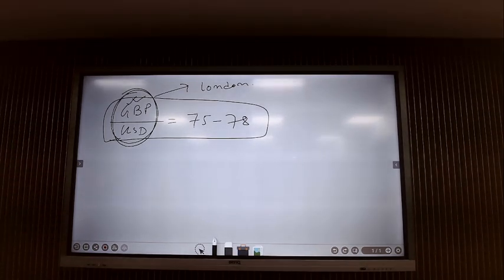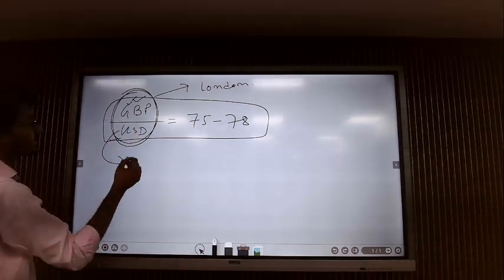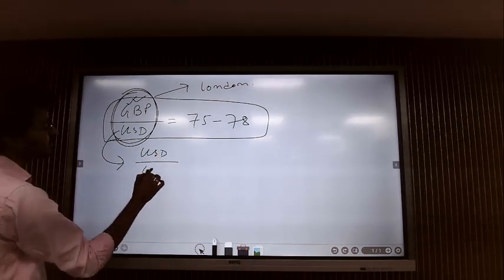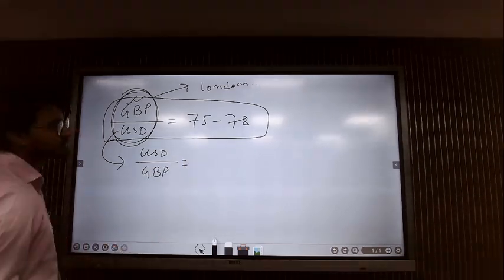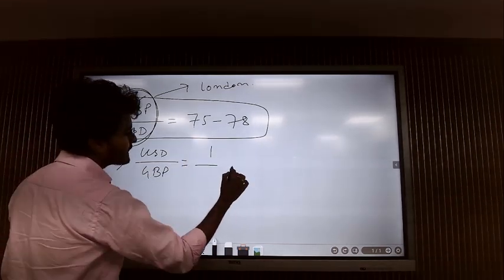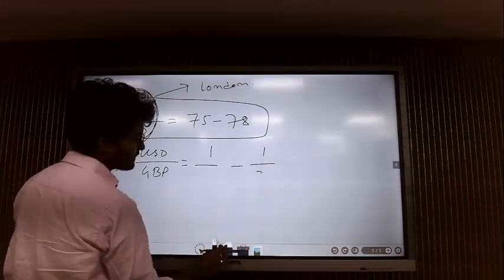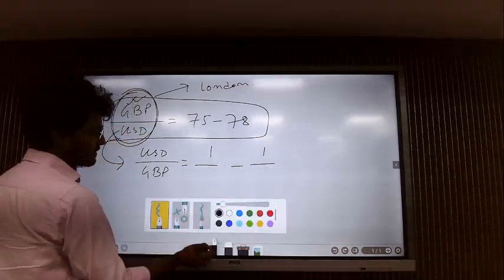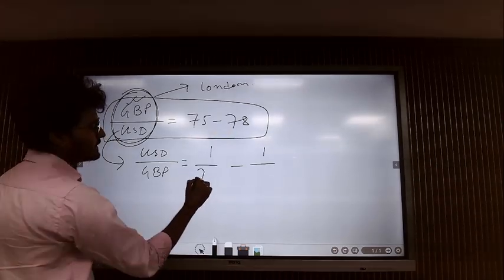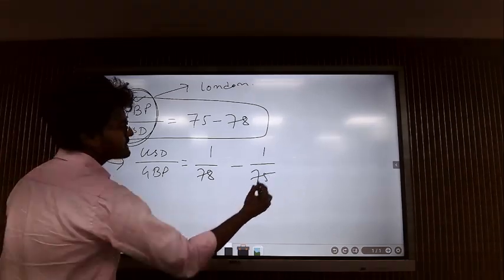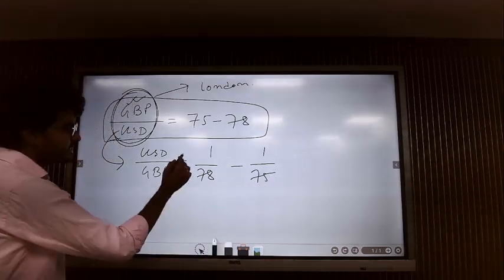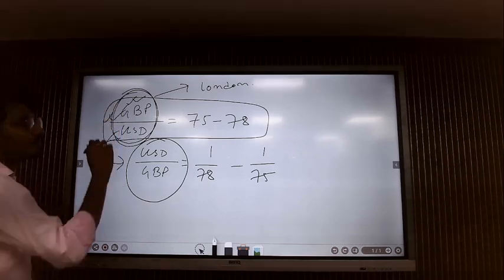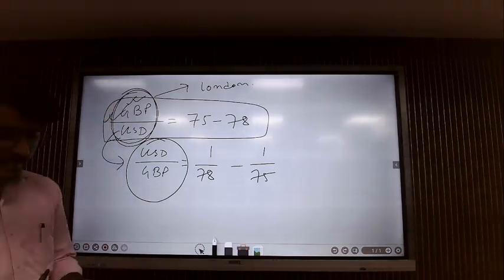If we convert this direct quote to an indirect quote, that means USD by GBP, then 1 by 78 and 1 by 75. This is the value of the indirect quote of this particular direct quote. So this is the conversion.